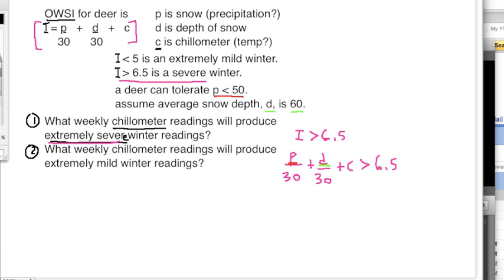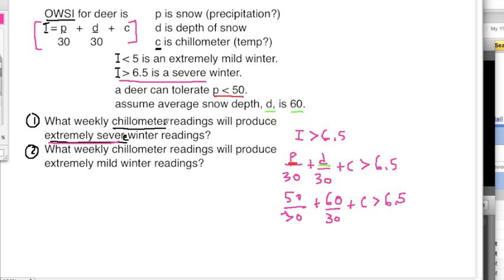Okay, so let's use that. Let's stay in Strawberry. We have P is 50, and we're going to divide that by 30. And remember, D is 60, divided by 30, plus C. Remember, the question was, what is the C that makes I greater than 6.5?